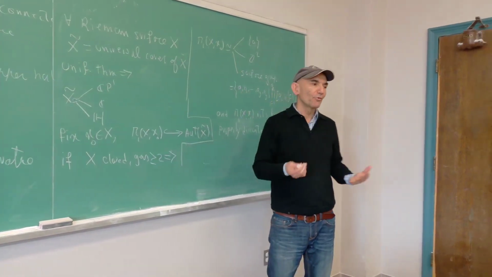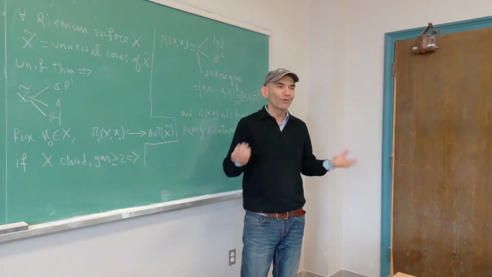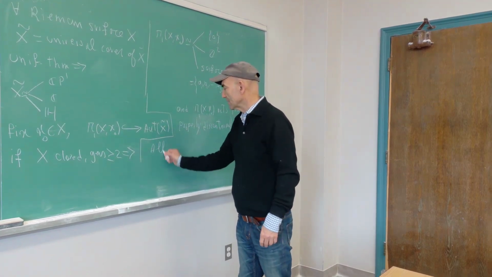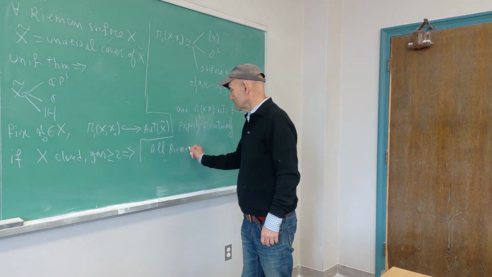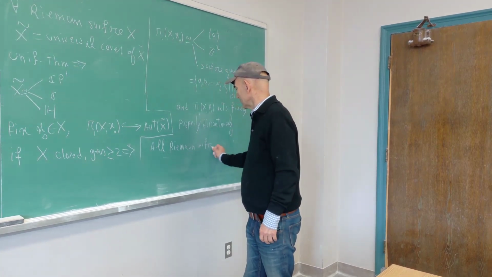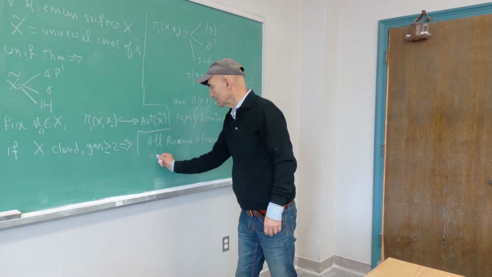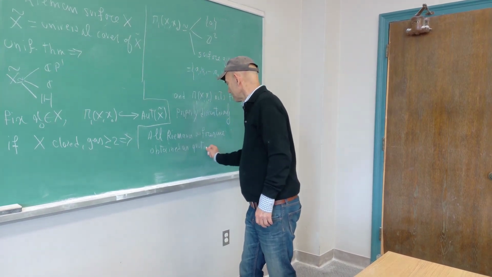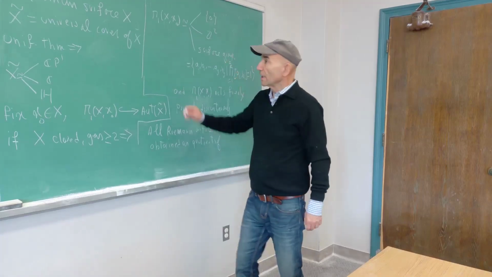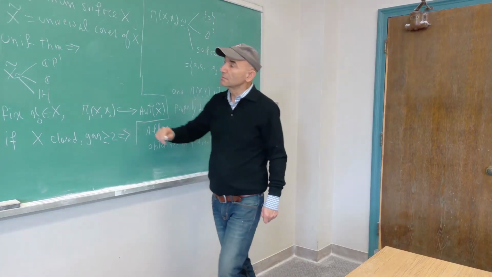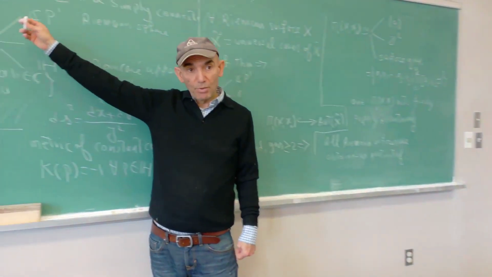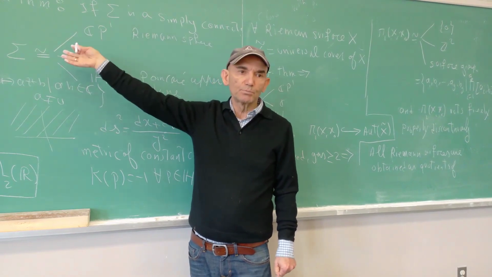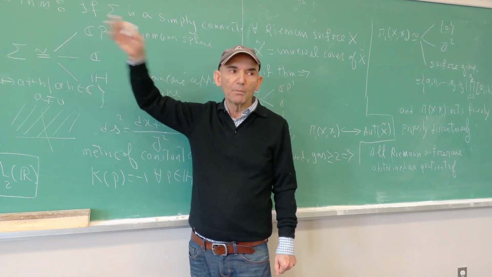Maybe that's why it's called uniformization, because it gives you the structure of all Riemann surfaces uniformly: all Riemann surfaces are obtained as quotients of CP1, C, or H. In the case of CP1, since this is compact, there can't be any non-trivial subgroup that acts freely.